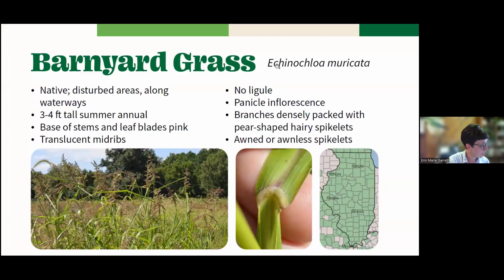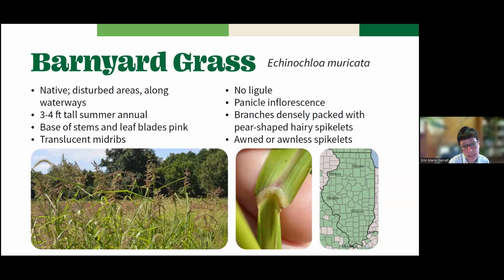Okay, we've got two more, and then we'll do another quiz review of the whole day and then take your questions. So next we're going to look at barnyard grass, the Echinochloa. This is a native grass. I kind of struggled where to put this because a lot of folks will plant this in wetter areas for waterfowl as a food source.